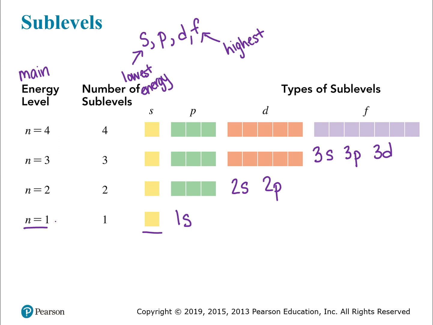There's these main floors, the energy levels, and within that, there are sublevels that have varying energies. s, p, d, and f are the types of sublevels, s being the lowest energy, and f being the highest. Each energy level has certain sublevels associated with it.